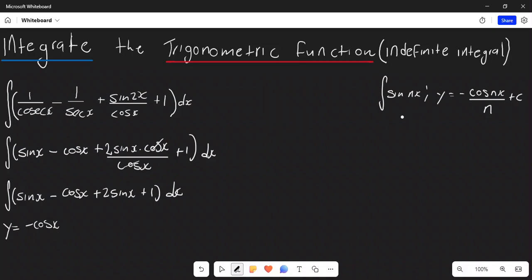What about the integral of cos? I've got to write it here guys, just a reminder. This time around, it's positive. Remember, integration is the opposite of differentiation.